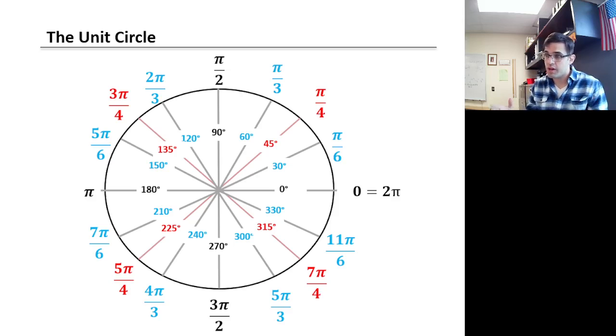We get those by cutting our pizza into pi over 4 slices and then going back and cutting into pi over 6 slices. And if we reduce the fraction, then what we end up with is radians that have denominators of 2, 3, 4, and 6. Or technically 1 if you include pi and 2 pi. But these are our benchmarks for the unit circle.